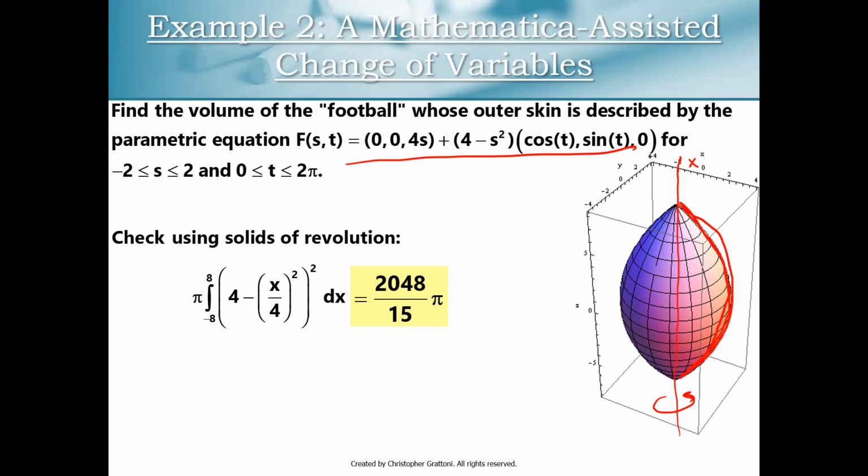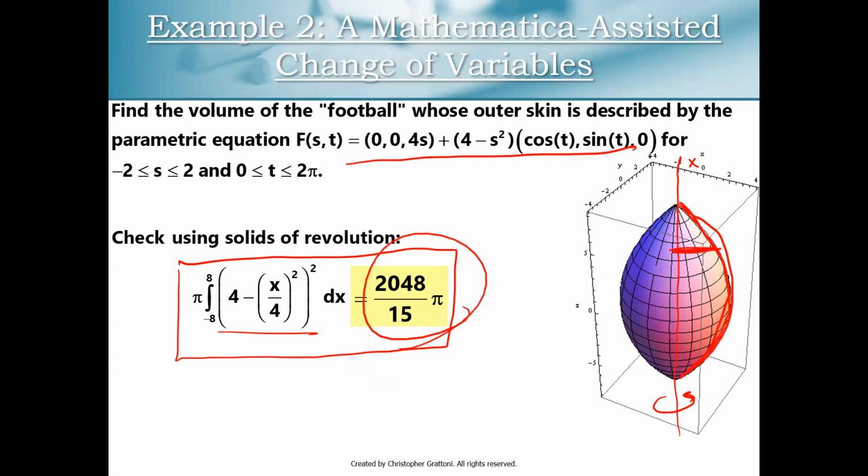We can use a surface of revolution and find the volume of our solid that way. So you guys could see right here, this is stuff that you did back in your Calc BC course. So I'm just doing π times the integral of r squared, where we have the radius right here, this distance, and you get the same answer of 2048π over 15.